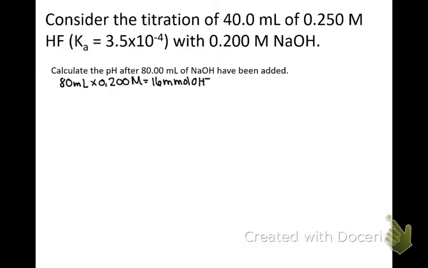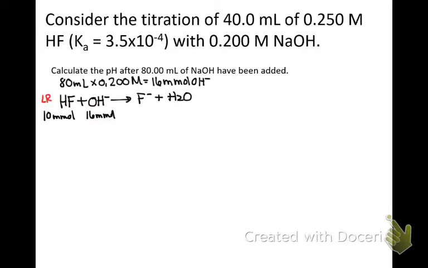We put that into our neutralization reaction. HF plus OH minus goes to F minus plus water. We know that we started at the beginning with 10 millimoles of HF, and we added 16 millimoles of OH minus. Now this time, the HF is the limiting reactant.